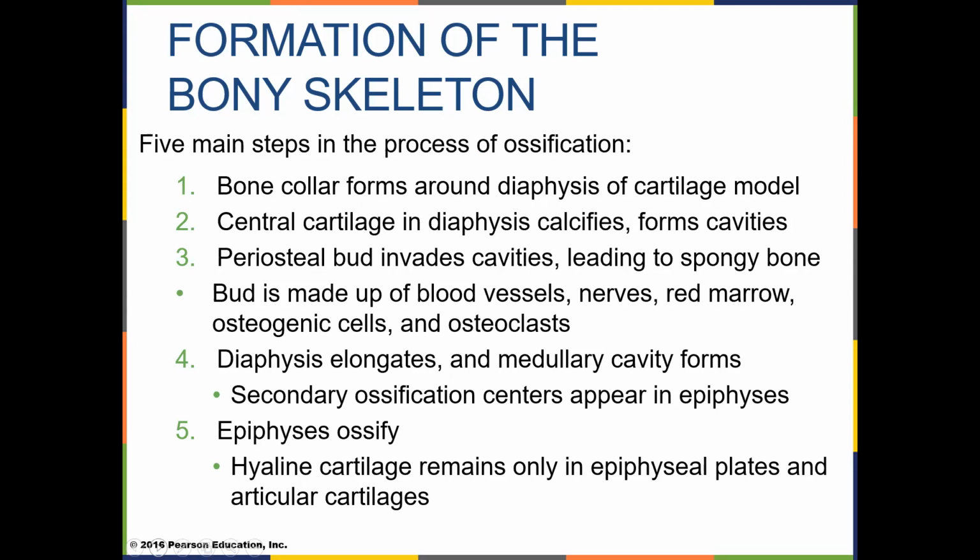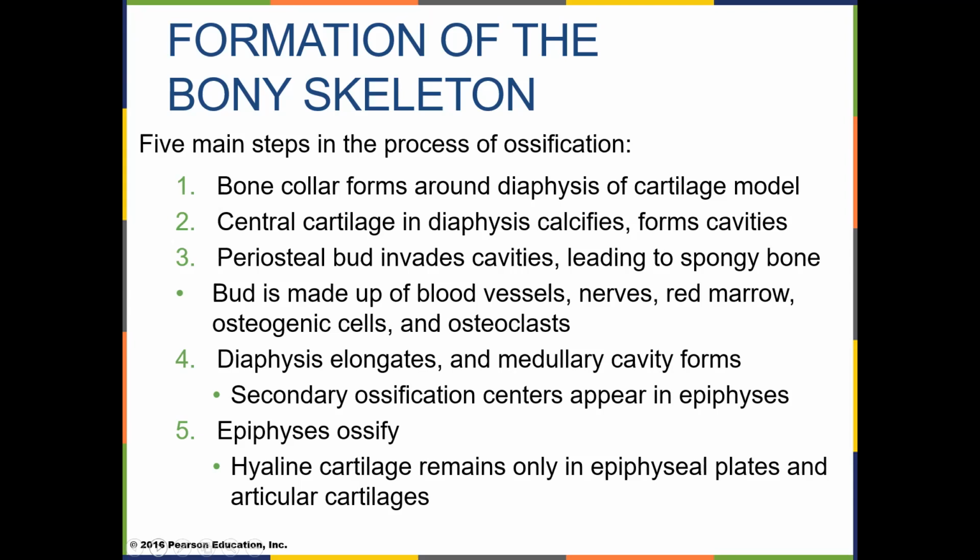We start seeing calcification take place. The cartilage here at the ossification center is becoming calcified. We create spongy bone, and then we see the formation of the osteogenic cells and the osteoclasts and of course the osteoblasts, and we start forming the medullary cavity.